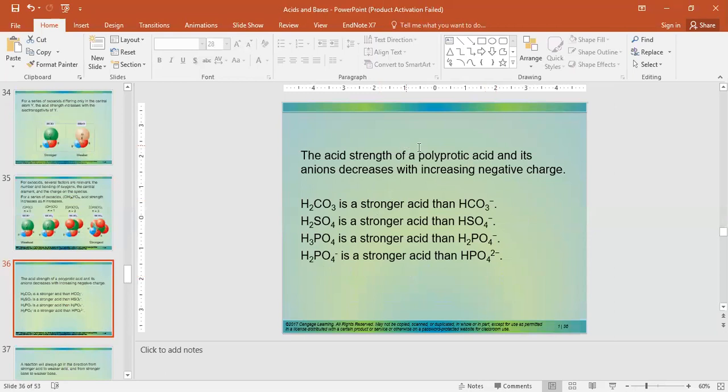For that reason, we can also say that the acid strength of polyprotic acids and their anions decreases with increasing negative charge.